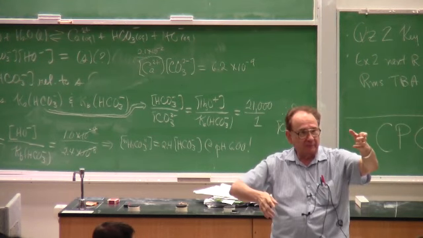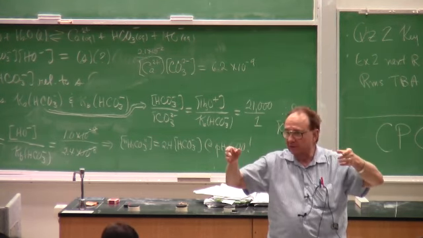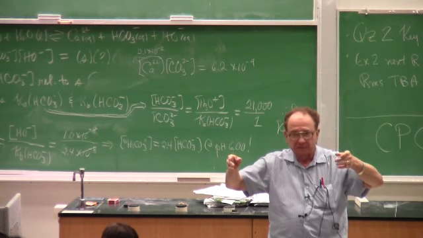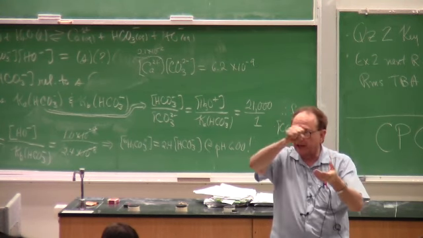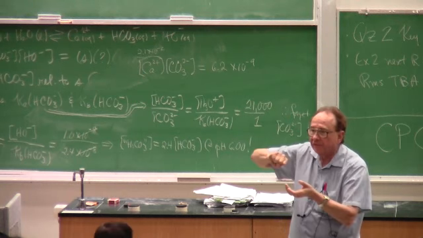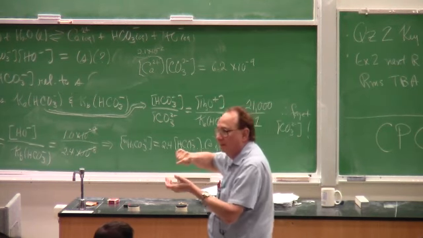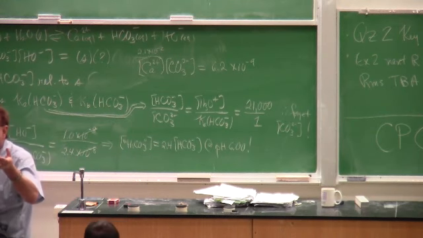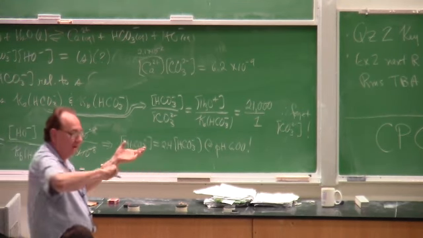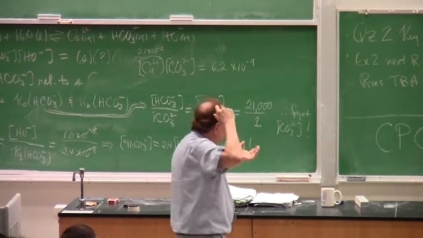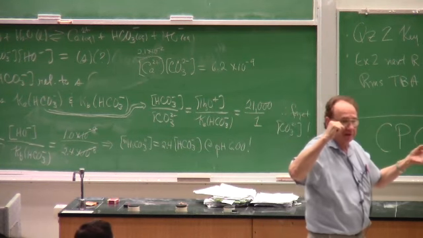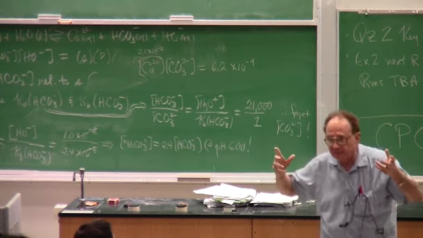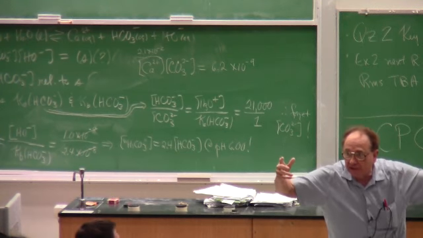The solution of choice will be added to the test solution to see if you get a precipitate. If you had sulfate ion, you get calcium sulfate. If you had carbonate ion, will you get calcium carbonate? Unknown solution. Gee whiz, pH is 6.0. What are you going to grab? Sodium sulfate solution or sodium carbonate solution?